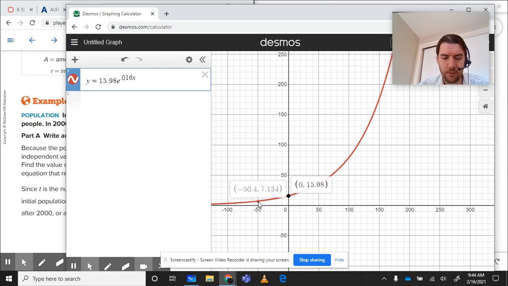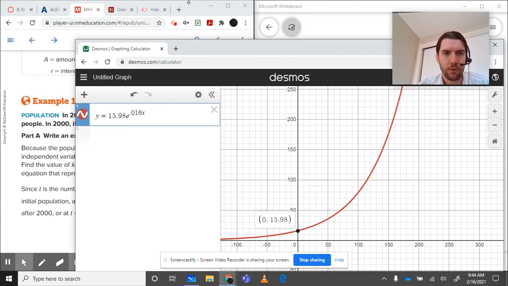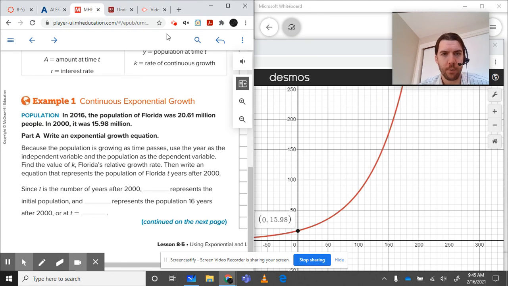As long as the growth rate had the same things that created it over time, then you ought to be able to take this equation and go back to say, okay, population in 1950 would be 7 million, and population in year 2100 should be 80 million. Okay, so that is how we would handle example number 1.